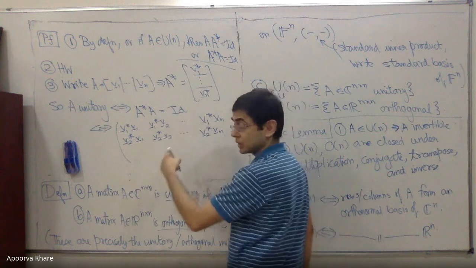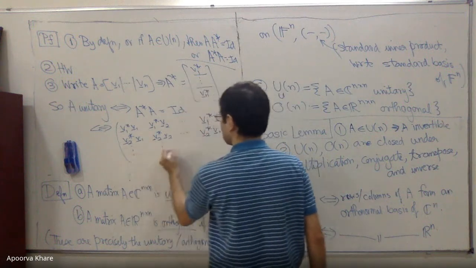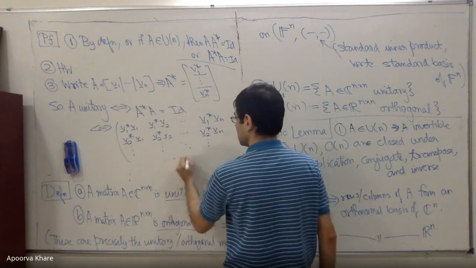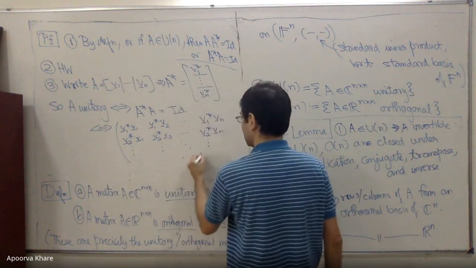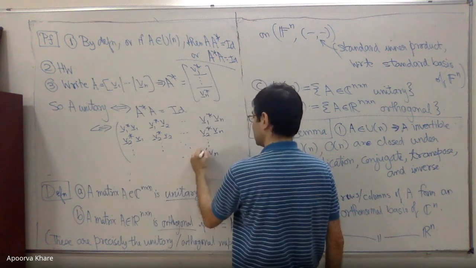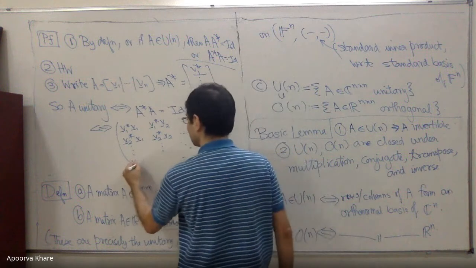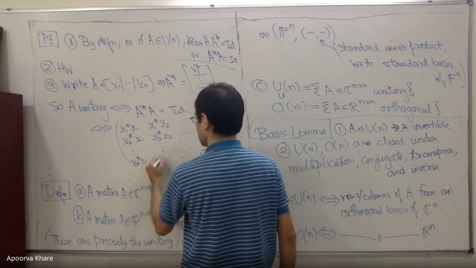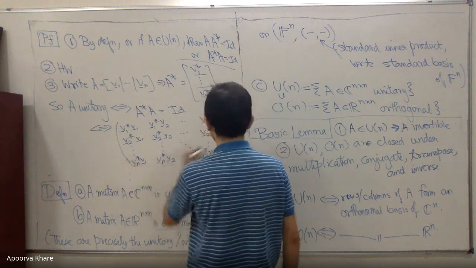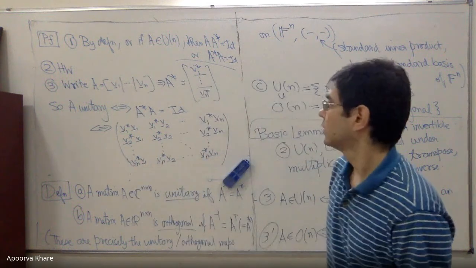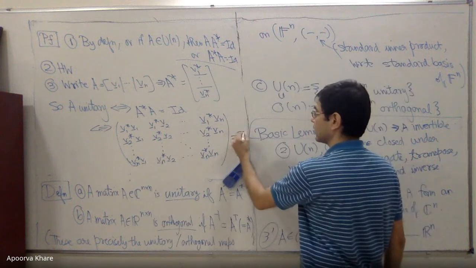These are all scalars because they are all inner products. This is Vn star Vn, Vn star V1 and Vn star V2. Okay? This must be the identity matrix.